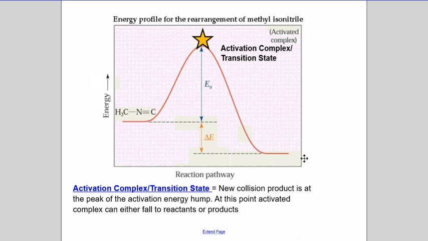And then last but not least, if we have a multi-step process, or if we're creating a momentary complex, we call that a transition state right up here. So activation complex or transition state. This is where everything's coming together at once. You're still breaking and forming new bonds, so everything is in flux.